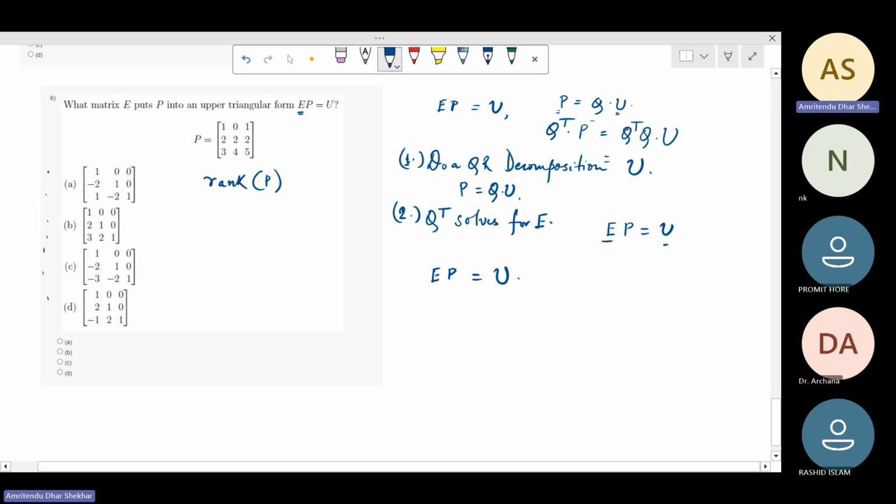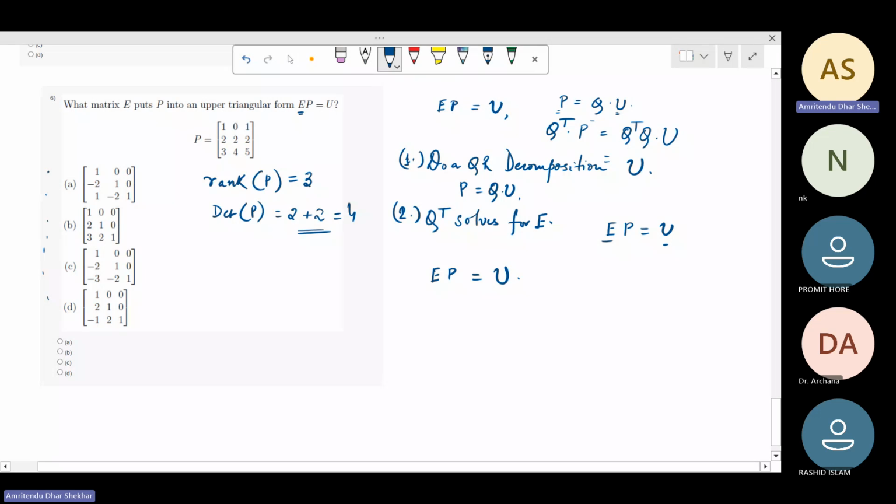If you quickly compute the determinant of P, what is it equal to? It's 10 times 10 minus 8 times 2, then 0 plus 1 times 8 minus 2 times 6. Yeah, so it's actually 4. So the rank of P is equal to 3.